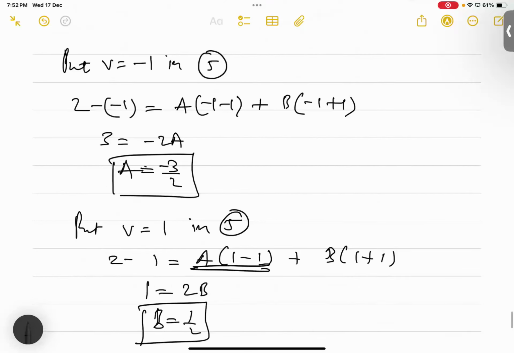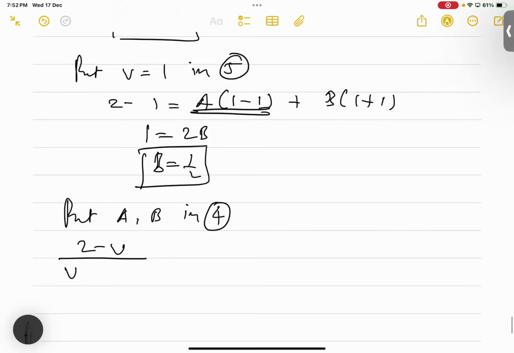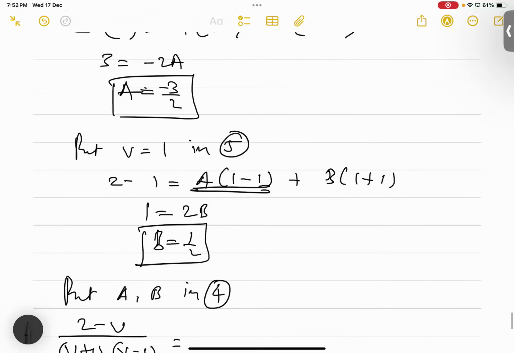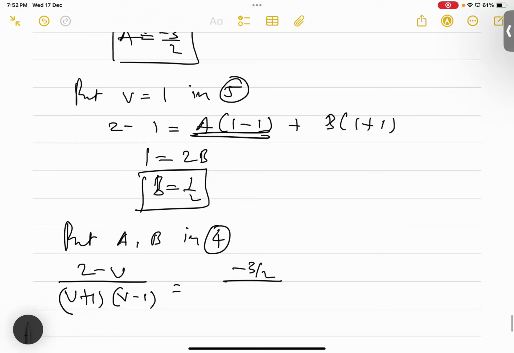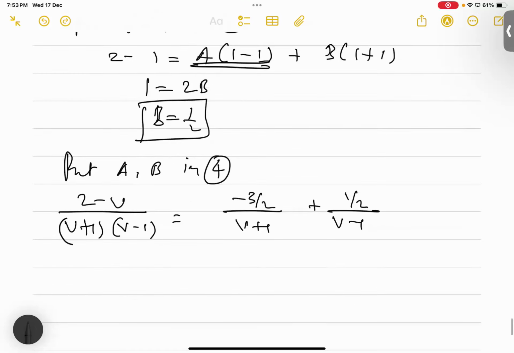So (2 minus v) upon (v plus 1)(v minus 1) equals A, what is A? Minus 3 by 2, upon v plus 1, plus B, what is B? Half, upon v minus 1. Now from 3, integration of this.